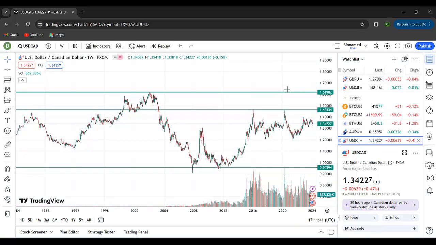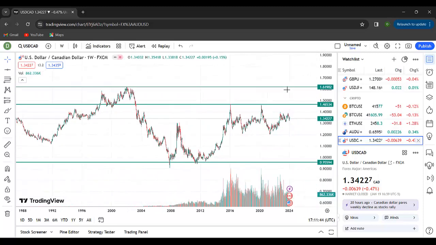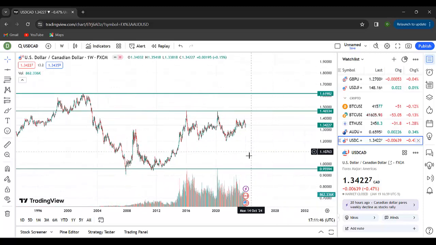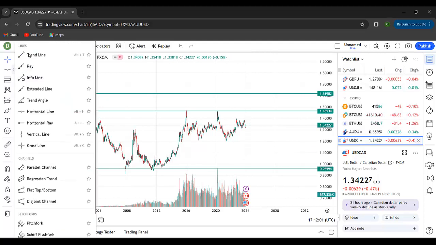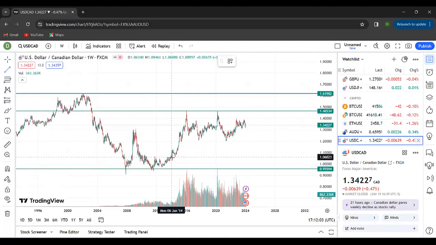Let me see. So we have a lower high, right? I'll need to map this out. This is also a strong zone, so we expect price to also come down here.